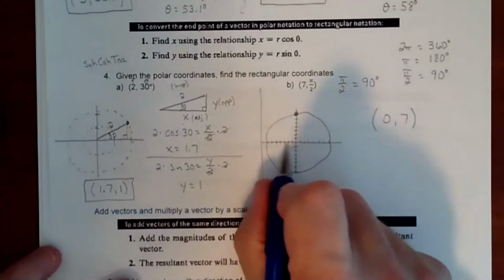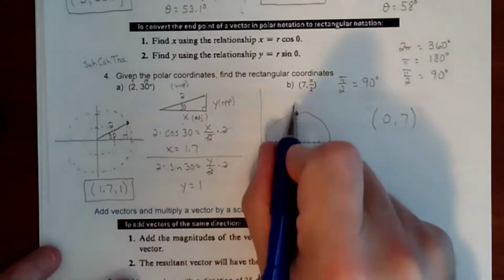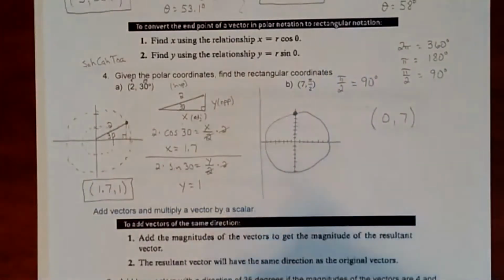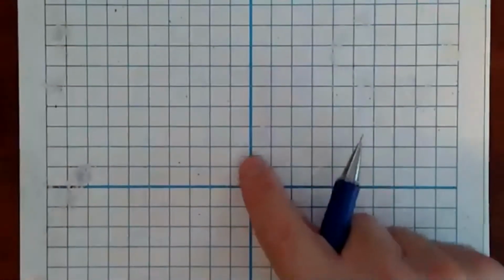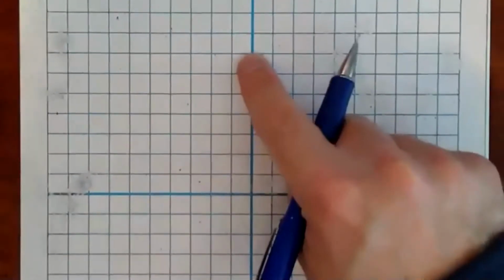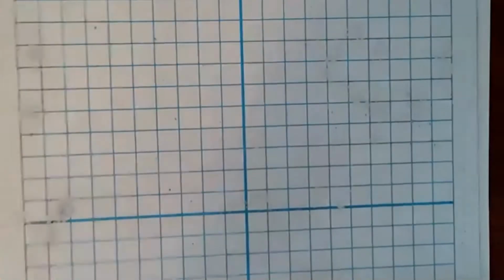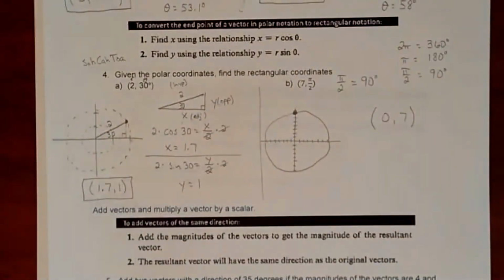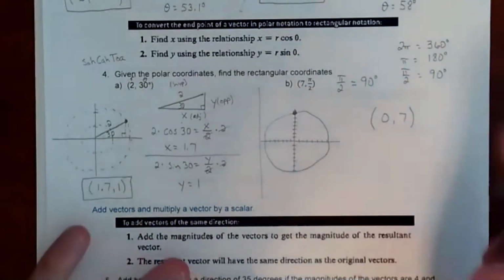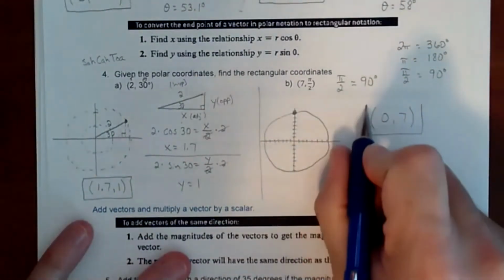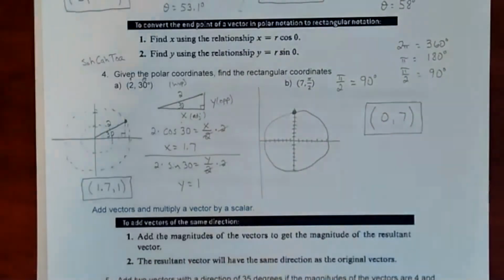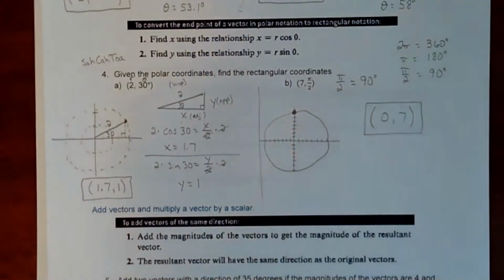Right? Your x value, you're not left or right, and you're just up 7. So you're just up 1, 2, 3, 4, 5, 6, 7. You're just sitting right there. So your y-intercept is really what you're doing, and so your coordinate is just 0, 7. So if it lands on an axis, it's not meant to be tricky. It seems like it should be, but it's not at all.